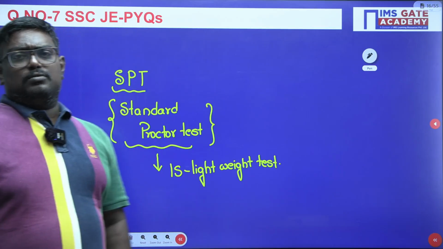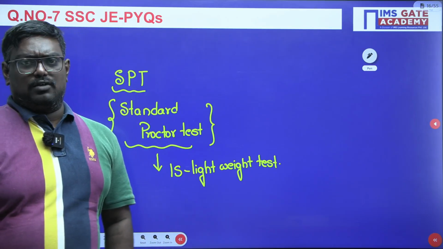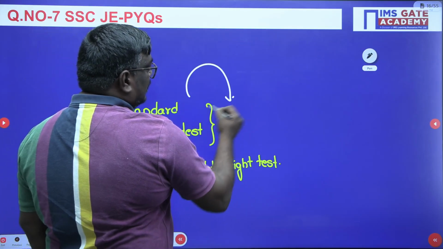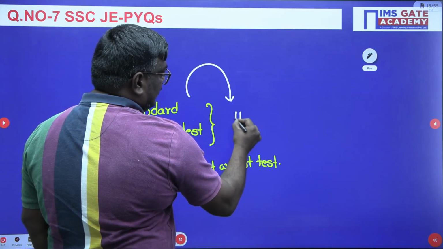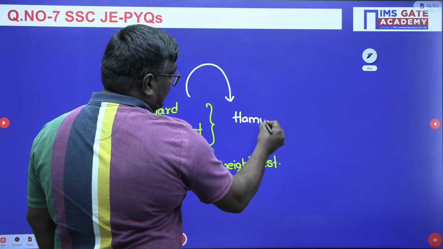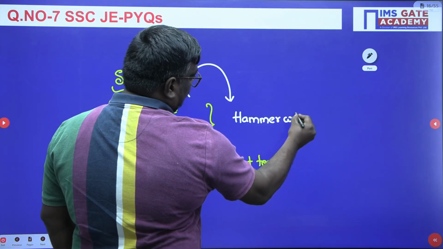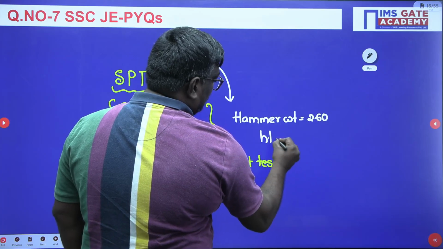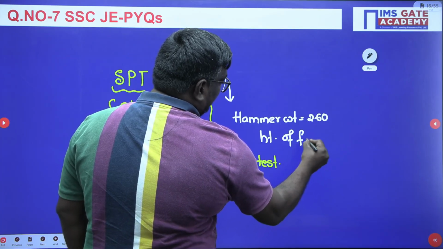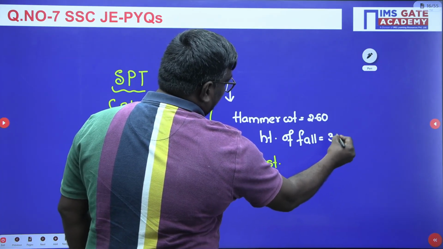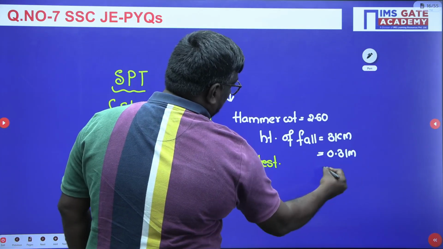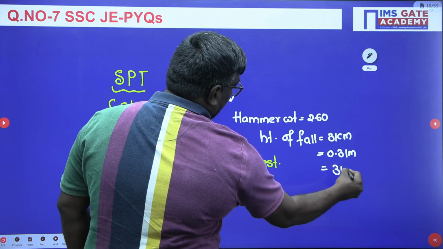For the compaction of ordinary highways, we usually use the standard Proctor test. Here, the hammer weight will be 2.60 kg, and the height of fall will be equal to 31 centimeter, or 0.31 meter, or 310 mm.